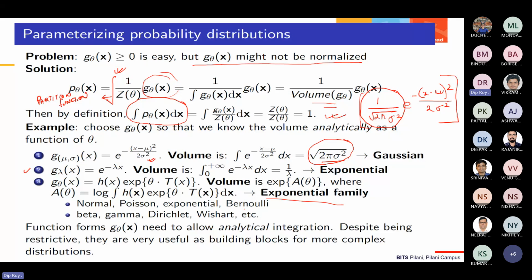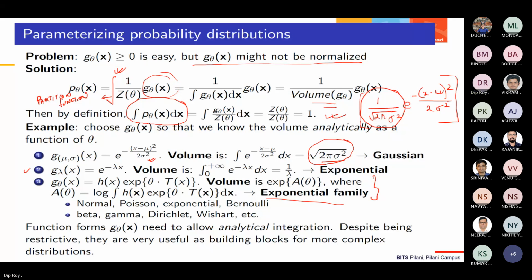If you want to generalize this form, this is the generalized form that you have. You can go through the literature and see that this is the generalized form of the exponential family. And Gaussian, Poisson, exponential, Bernoulli are all nothing but variations of this.